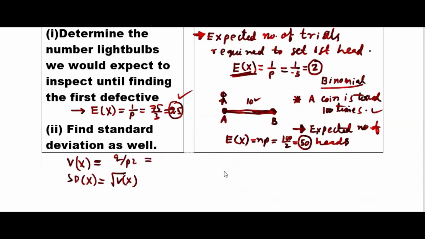Q is 1 minus p, so 72 divided by 75, divided by p square. You write here, p is 3 upon 75. So 75 square divided by 9, you write that. Then you find the square root of this. Whatever this is, you will get the answer.